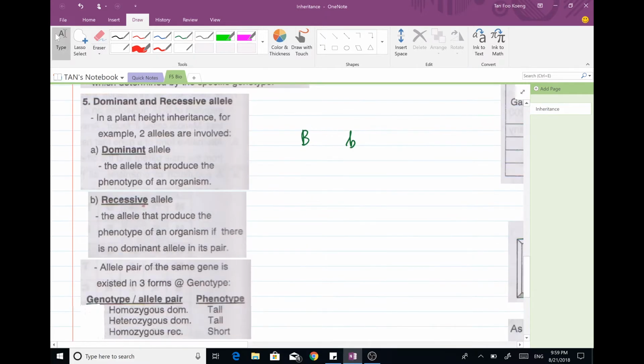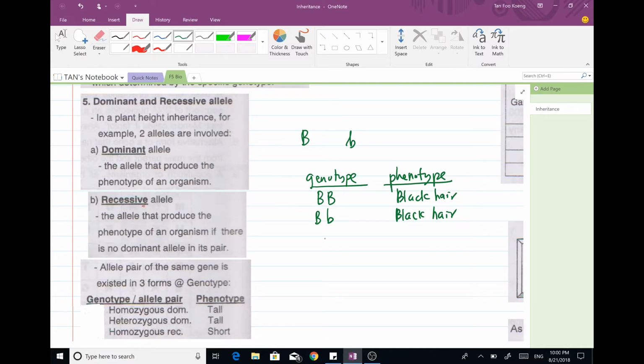So each characteristic is actually controlled by a pair of allele. So if we have this combination, then certainly our phenotype would be black hair. And if we have a combination of big B and small b, we will still get the black hair, simply because the capital B is dominant over the small letter b.